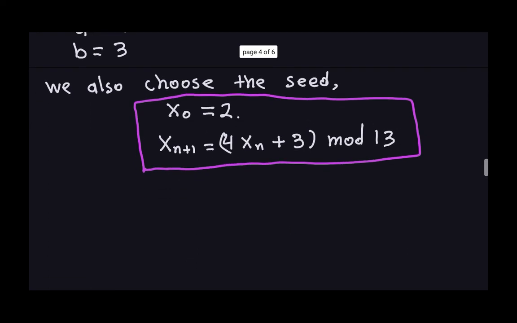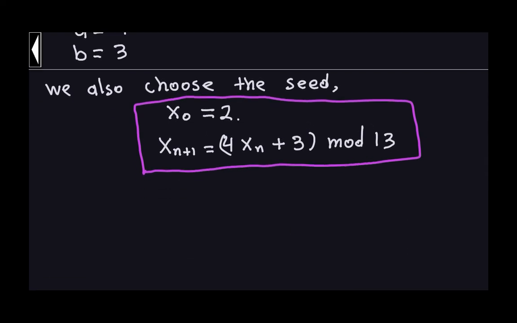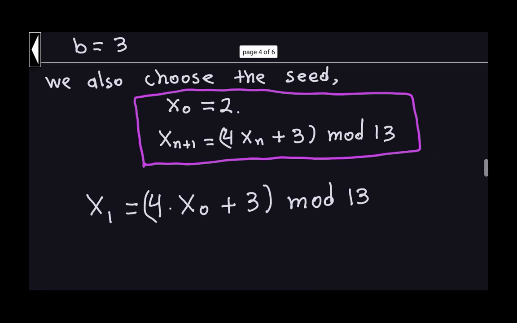The next number in that sequence will be x1. So let me write it down. What is x1? According to the formula, x1, my next number, is equal to 4 times the previous number, which was x0, plus the increment 3, and then I take the remainder of that divided by 13.